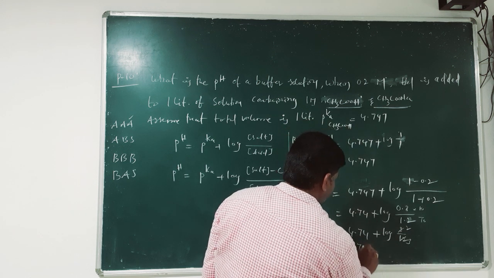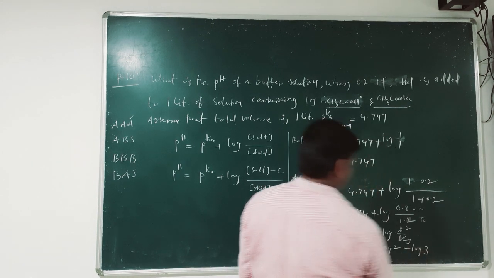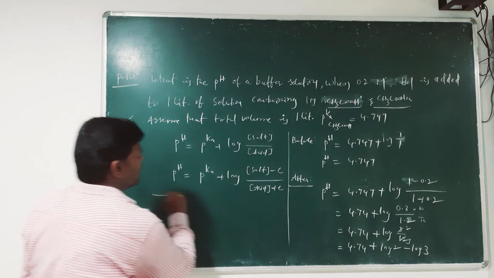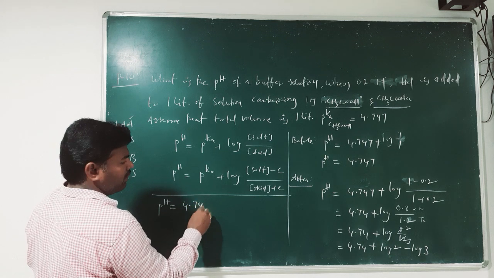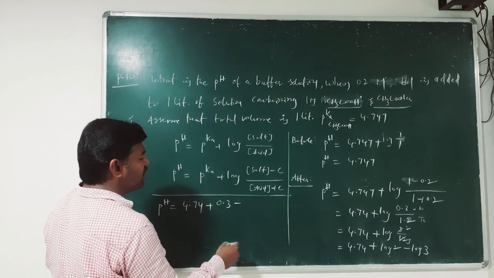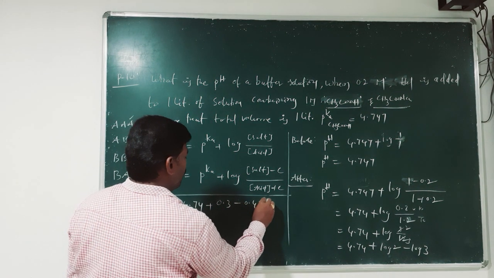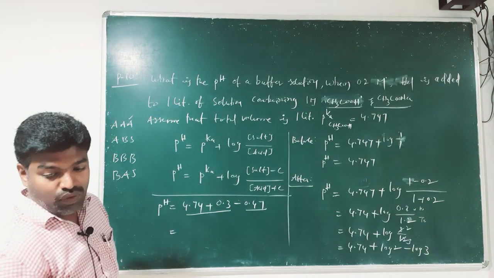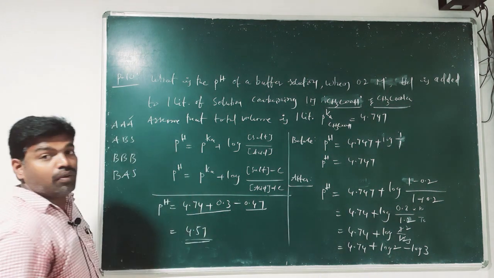So 4.74 plus log 2 minus log 3. Log 2 is 0.3, and log 3 is 0.47. Subtracting, we get a pH of 4.57.